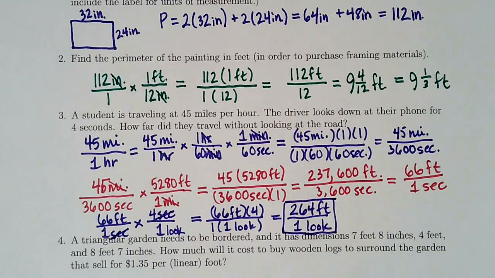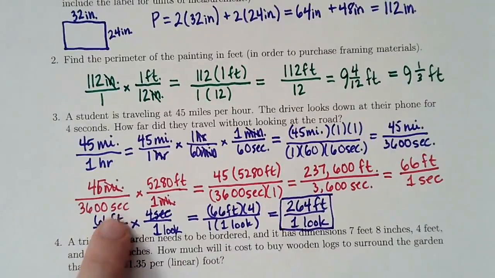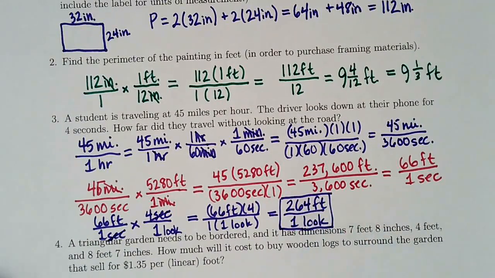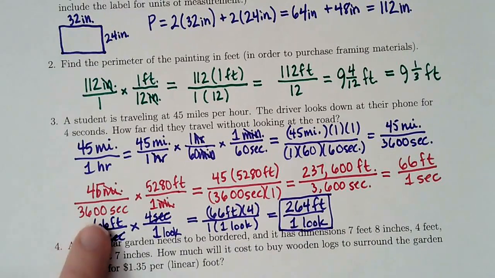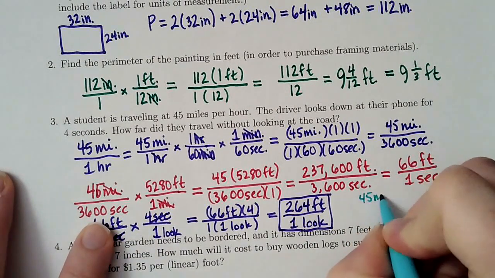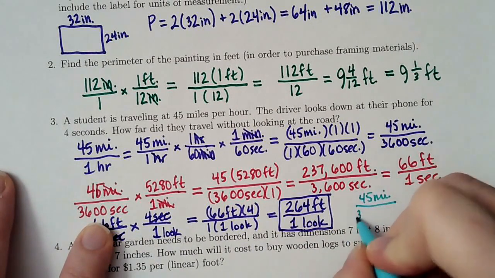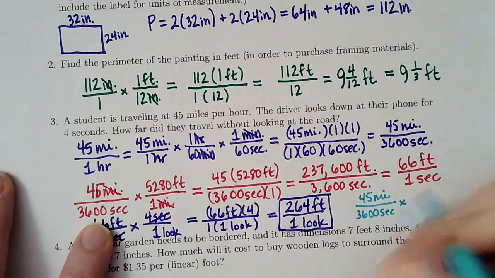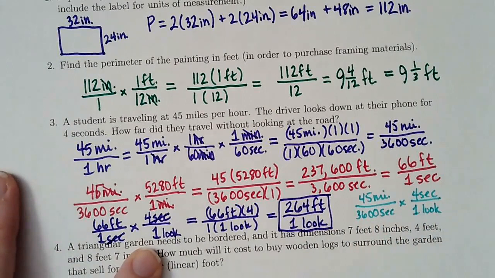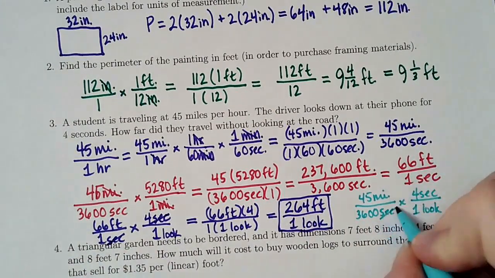It is true that we could have kept this in miles. Just for an alternate, if you want to think in miles instead of feet, we would have done a similar thing to here. So 45 miles for 3,600 seconds and 4 seconds and 1 look. The seconds would cancel.